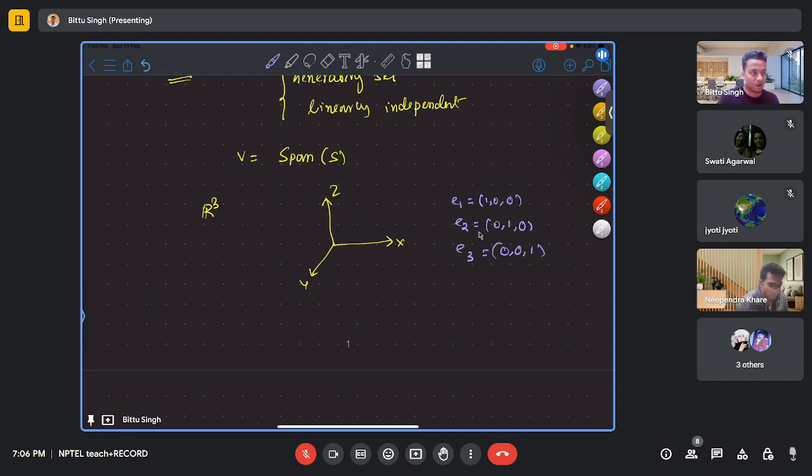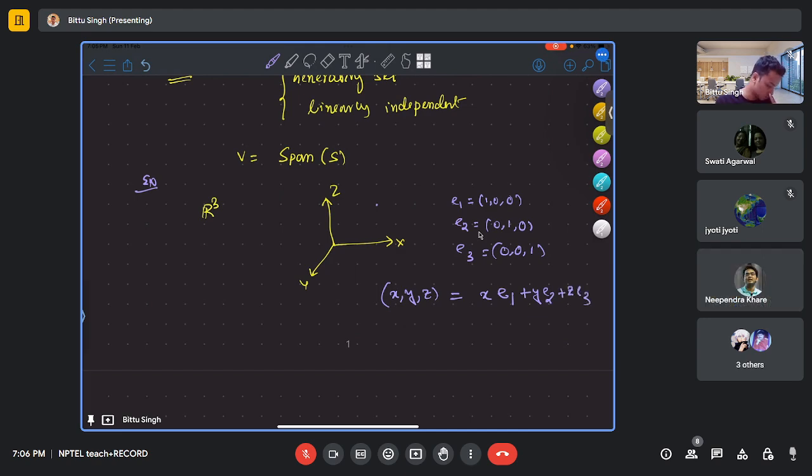Because any point, suppose (x, y, z), chosen arbitrarily from this R3, can be written as x e1 plus y e2 plus z e3. So any point belongs to the span of e1, e2, e3.